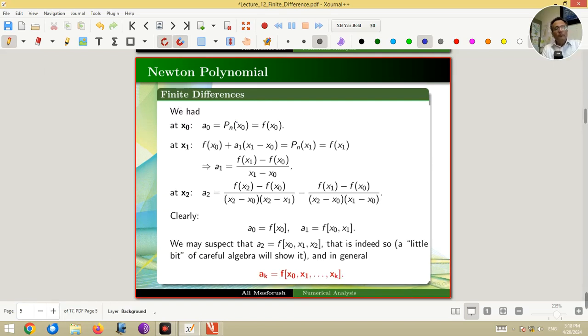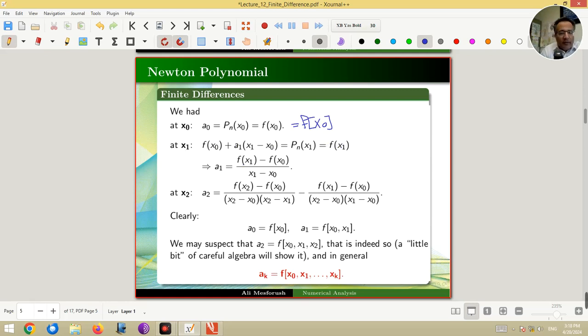Okay. Now for the polynomial, you consider at x0 we have a0 equal to P_n(x0), which is equal to f of x0. So I can write it as f of x0. Okay, for x1, we had f of x0 plus a1 times x1 minus x0 equal to f of x1.